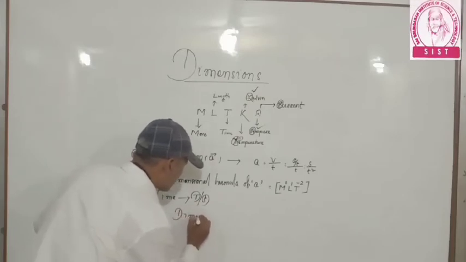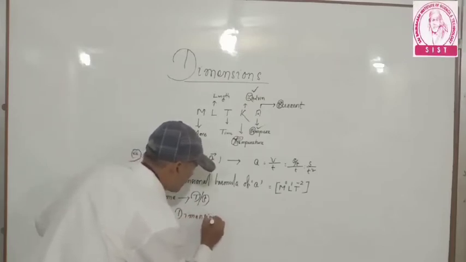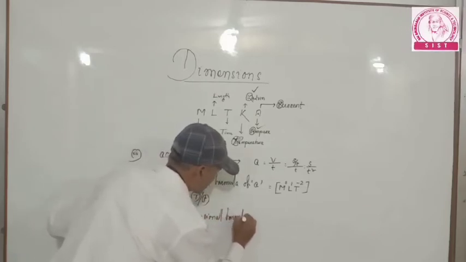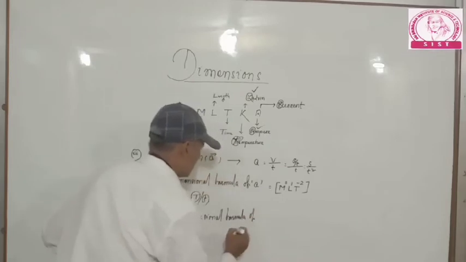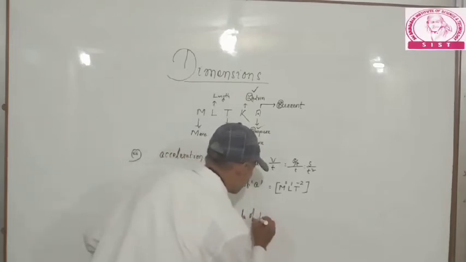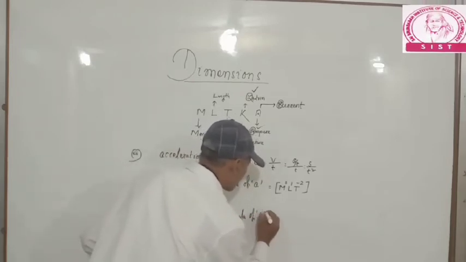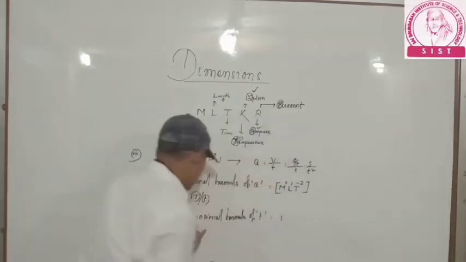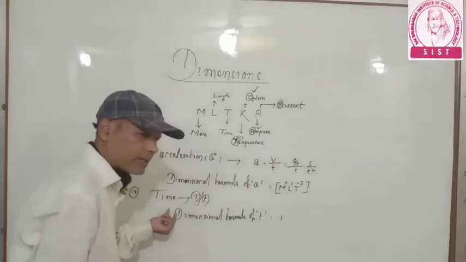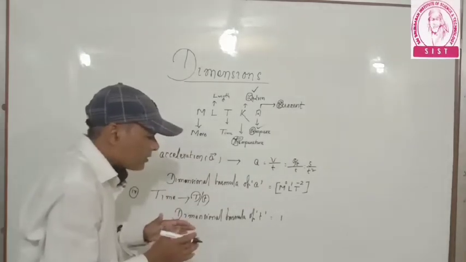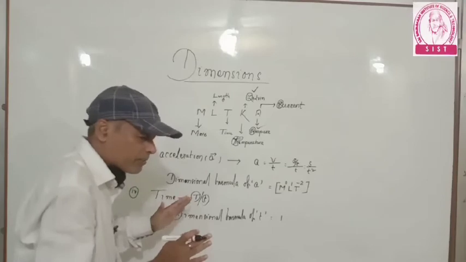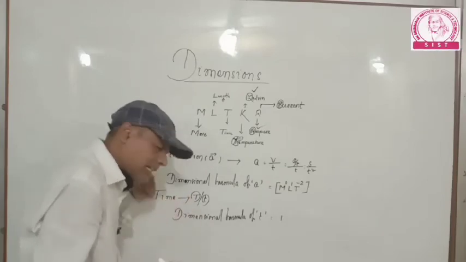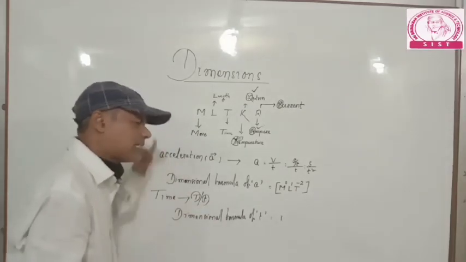Dimensional formula of T. It is independent. You know it is a fundamental quantity. So it doesn't depend on any other quantities. That means it is independent of mass. It is independent of length.